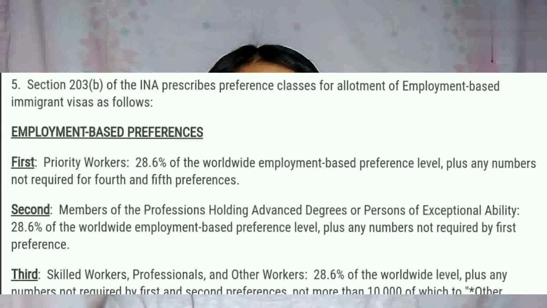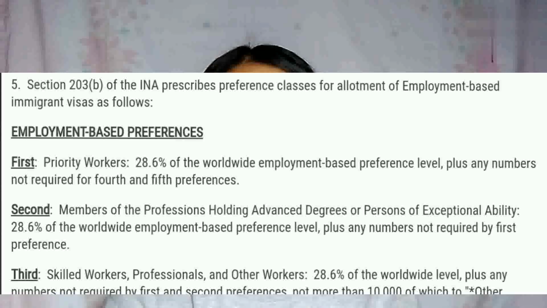Second, members of the professions holding advanced degrees or persons of exceptional ability, 28.6% of the worldwide employment-based preference level, plus any numbers not required by first preference. Third, skilled workers, professionals, and other workers.